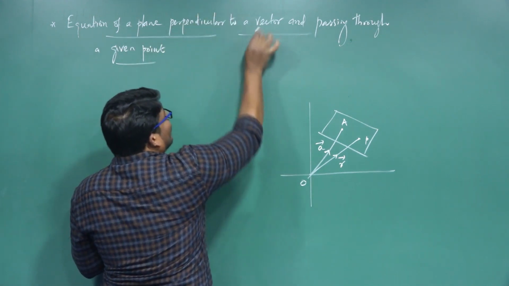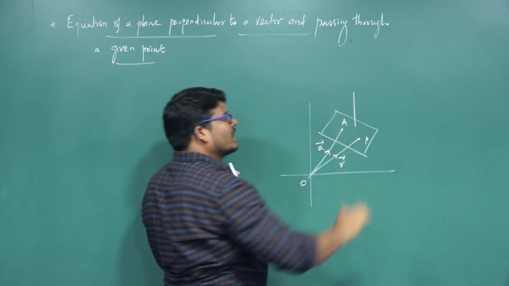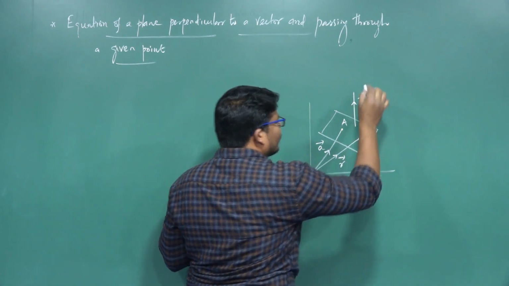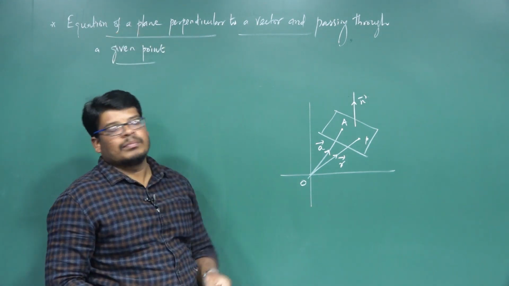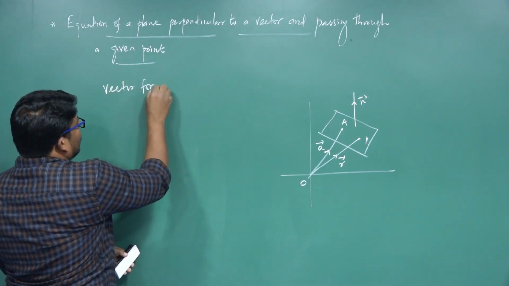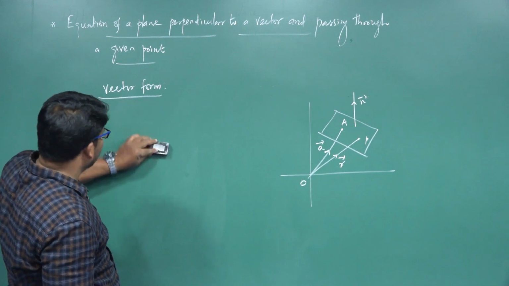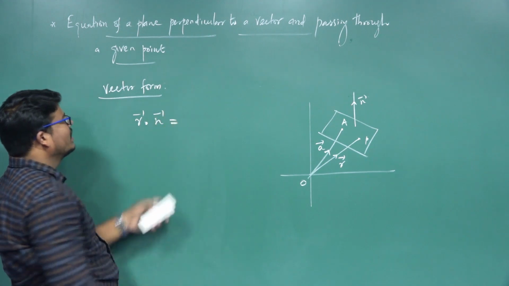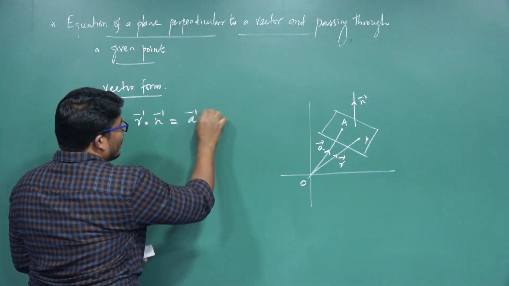Next, perpendicular to a vector. Perpendicular means a straight line perpendicular to the plane, that is the normal, and the perpendicular vector is n vector. Now write the equation of the plane in vector form: r vector dot n vector equal to a vector dot n vector.